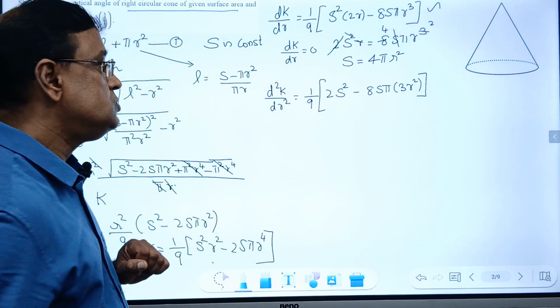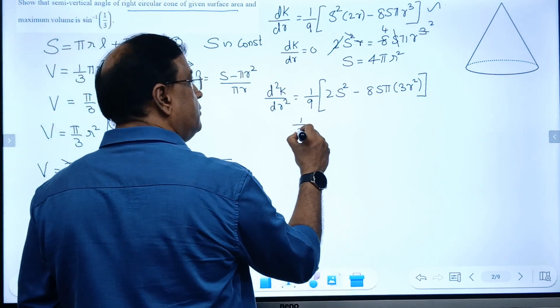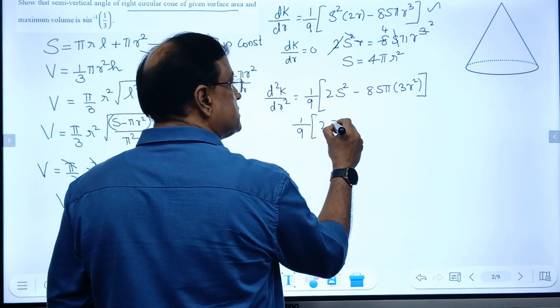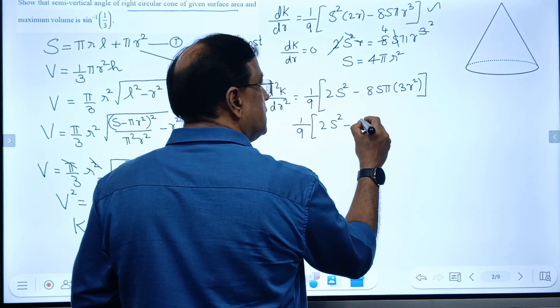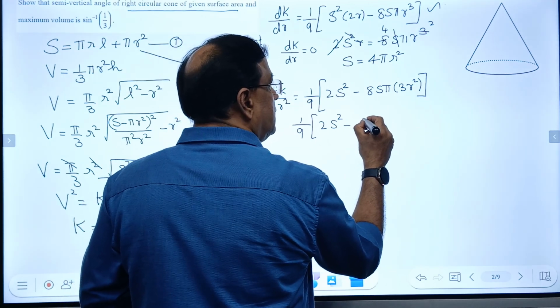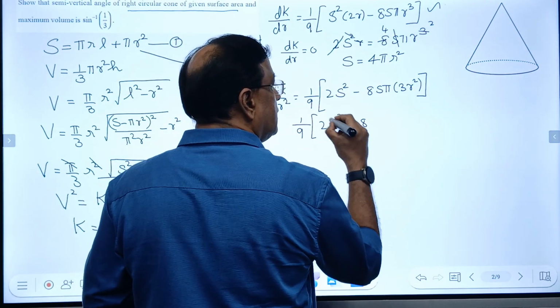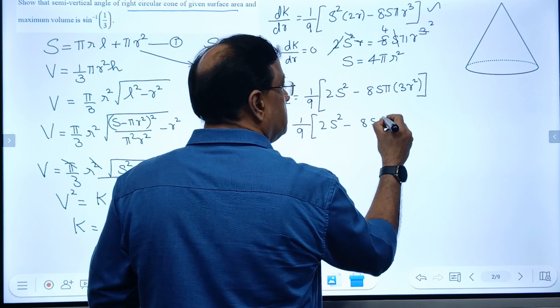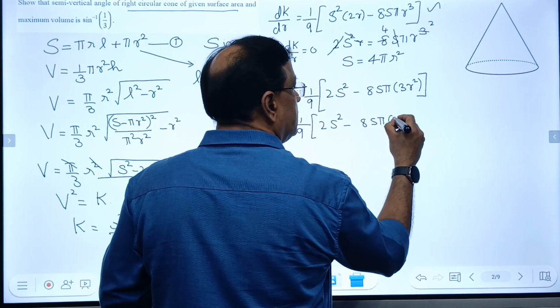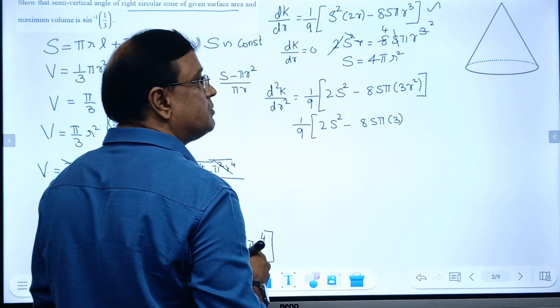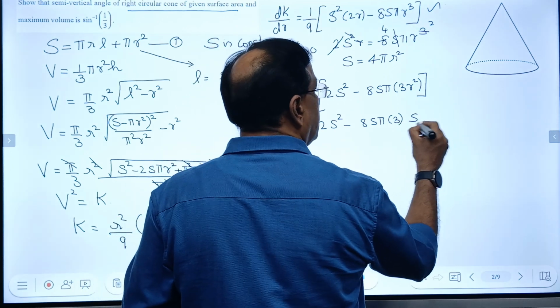So this will be 1 by 9 into 2S square minus 8S pi into 3 r square. What is r square? r square is S by 4 pi.